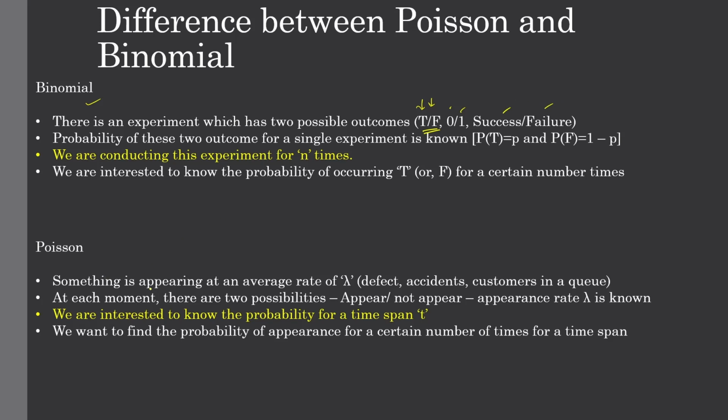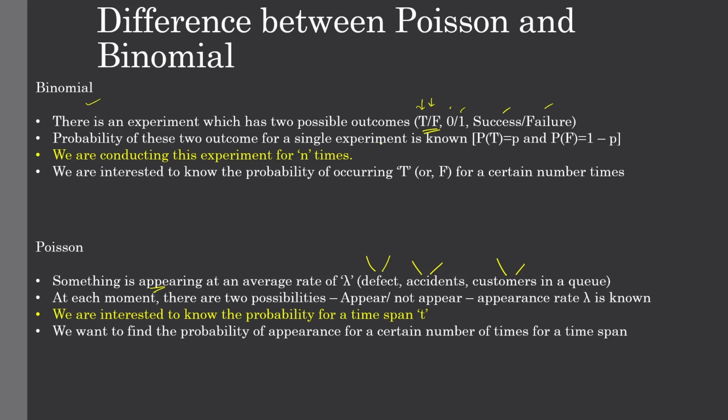When we are actually discussing Poisson distribution, then also we only have two outcomes. How? Defect or no defect, accident or no accident, right? Customers either coming in the queue or they are not coming. So in case of binomial as well as in case of Poisson, both are having two outcomes, right?